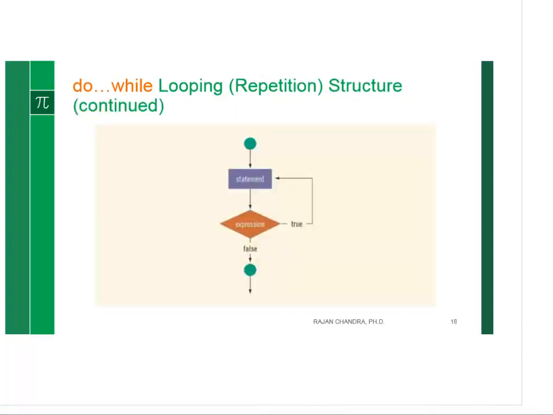And here is a flowchart that explains the operation of a do while loop. As I said, we execute the statement first, then at the bottom we evaluate the condition or expression. If it becomes true, we execute the statement again. If it is false, we fall through.